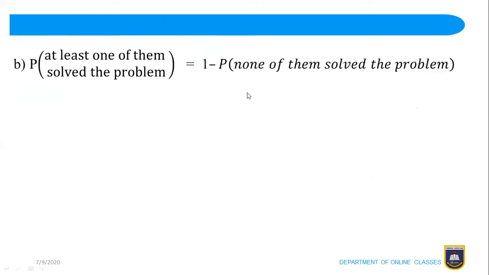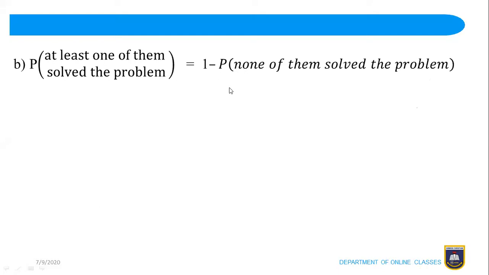We want to find the probability that at least one of them solved the problem. And we said to find the probability that at least one of them solved the problem is equal to 1 minus the probability that none of them solved the problem. We calculated that in the A above. So we do the substitution into this formula.